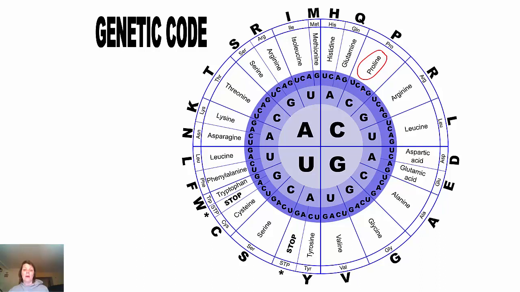And so I would write from the center, I would say for proline, I would say CCU, because, here's C is the first one, C is the second one, and then U. Or I can have CCC, or I can have CCA, or I can have CCG. 4 different ways to get a proline.